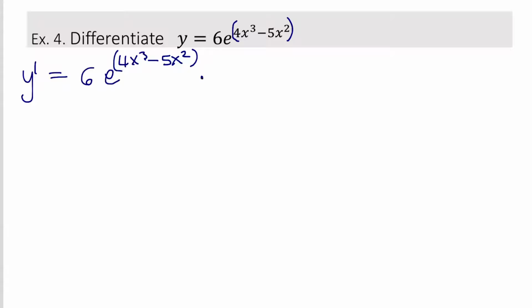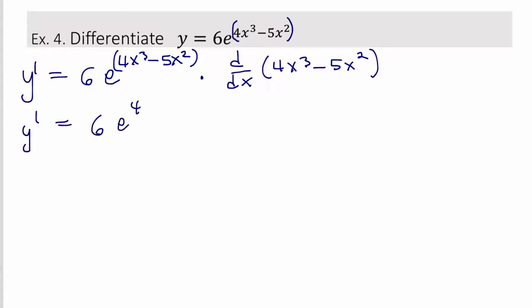And then we're going to multiply it by the derivative of that, 4x cubed minus 5x squared. All right, so that's 6e to the 4x cubed minus 5x squared times 12x squared minus 10x.